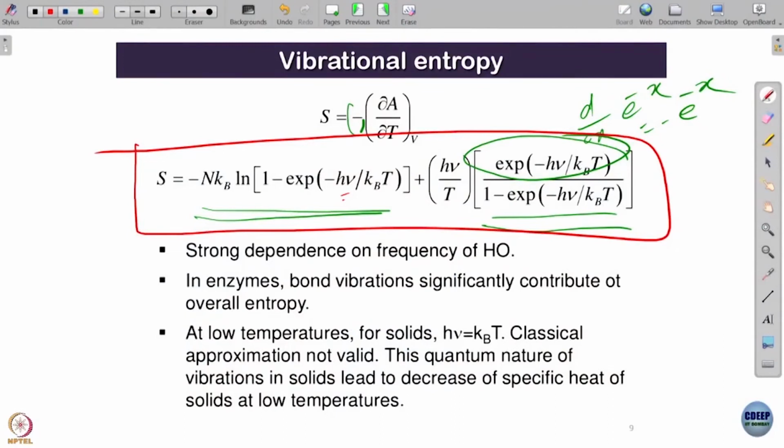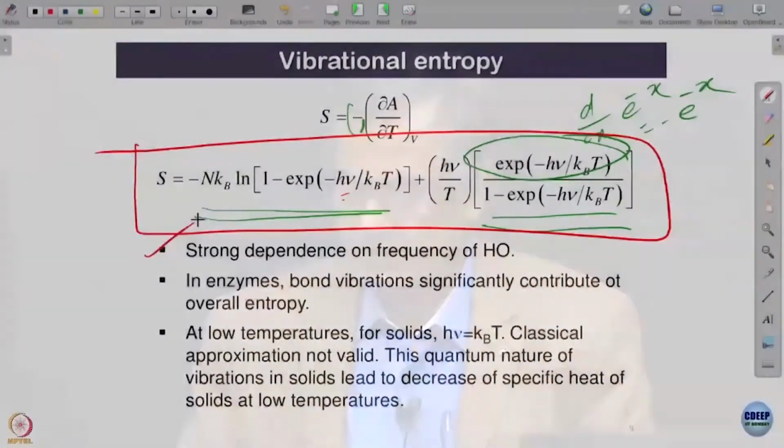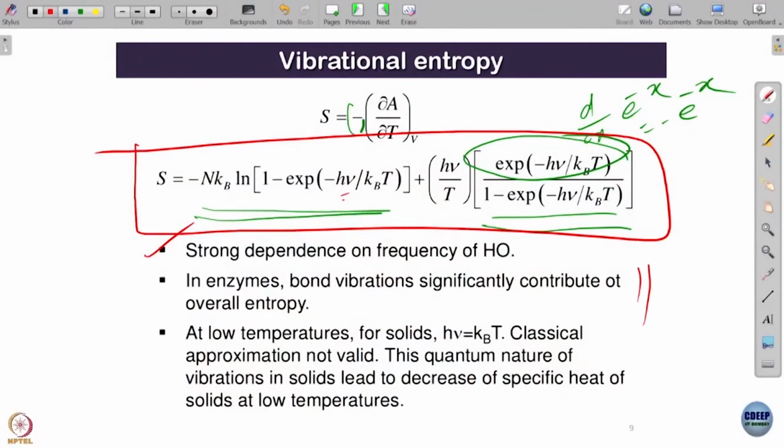It is in e to the power minus h nu, and this is over e to the power minus h nu. Now, let us consider some things. First, the strong dependence on it, there is one term, then enzymes and many, many molecules, DNA and many cases, the bond vibrations. This is something which is amazingly interesting, but we will talk of it a little bit later.